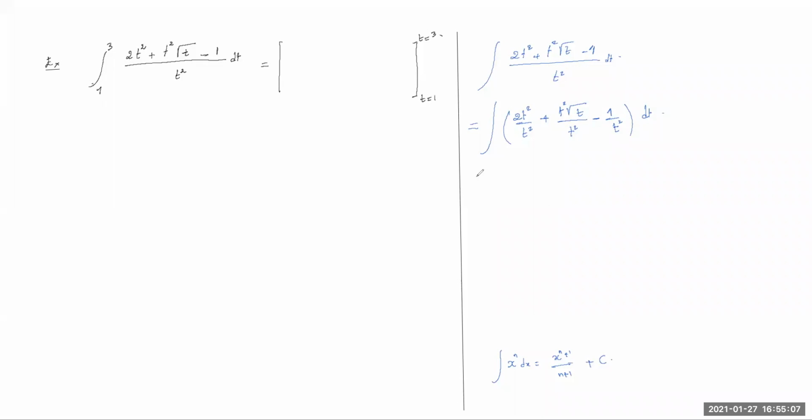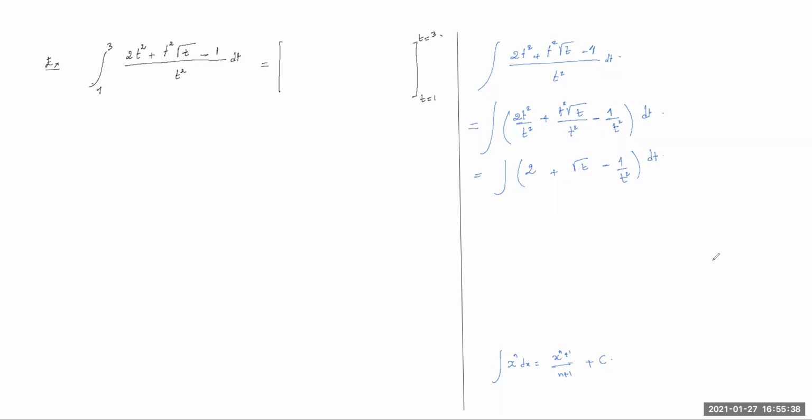Let's simplify. t^2 over t^2 is 1, so we will have 2. The remaining terms are square root of t minus 1 over t^2. Which is good. Can you work on it more?